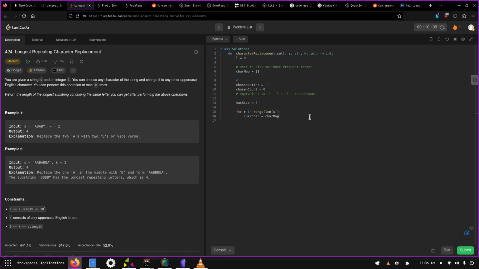Could choose a more descriptive name, but it gets the job done. I'll just also put this here for remembrance sake: car occurrences in current window. Okay. So carmap.get s[r], and in the case that we don't have any, we choose 0.